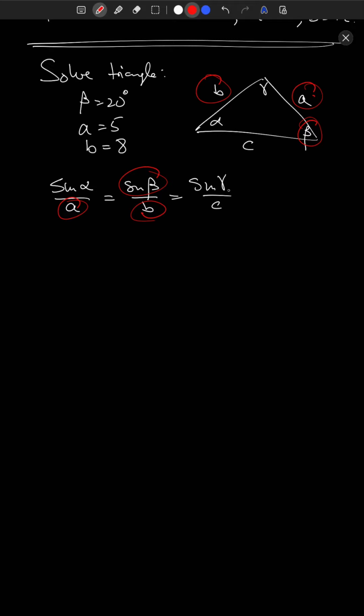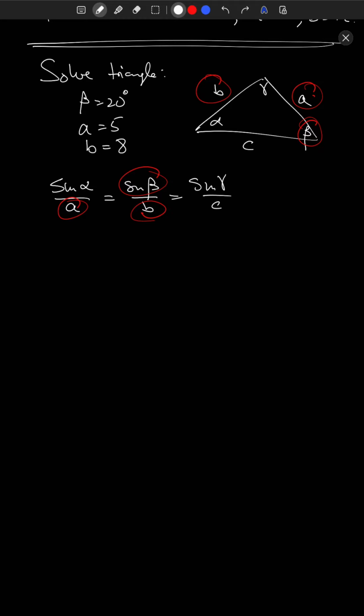So we don't want to work with that one immediately because it has two unknowns, right? We'd rather work with the terms that have fewer unknowns. So that would be the sine of alpha. So that's my justification for working with the sine of alpha over A, and then later dealing with the sine gamma over C.